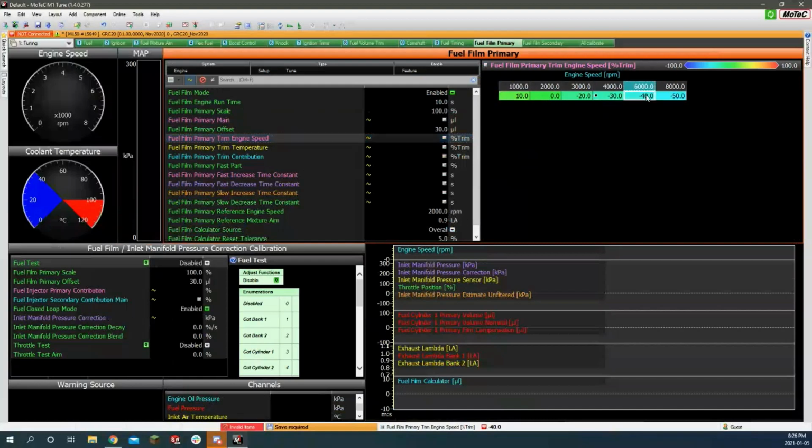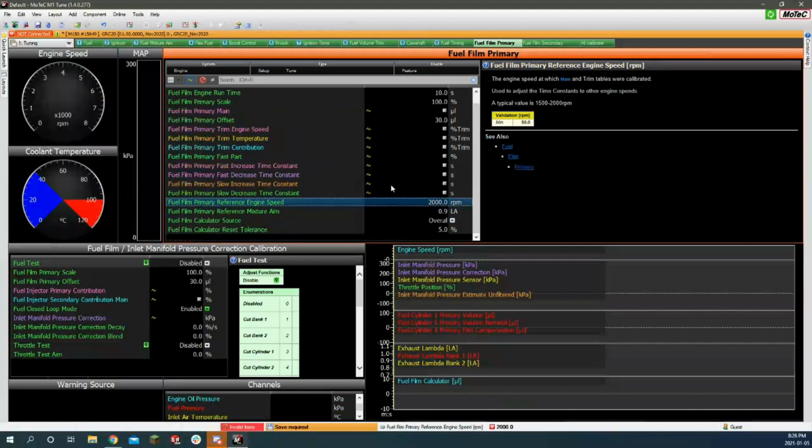As the engine speed increases, you get more or less fuel clinging to the walls. That tells it, as you get on and off the throttle, how much extra fuel it should be putting in, or how much it should cut, to keep the right amount of fuel mixing with the air and going into the cylinder, because some of it's going to be clinging to the walls. And you can see it changes with coolant temperature and other things.